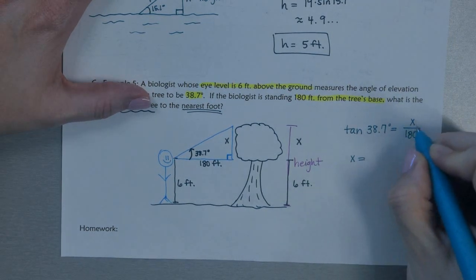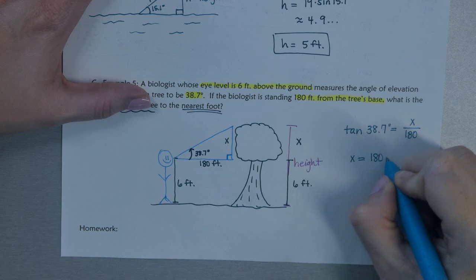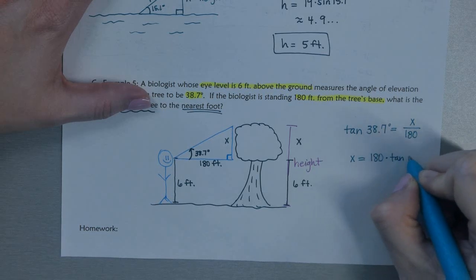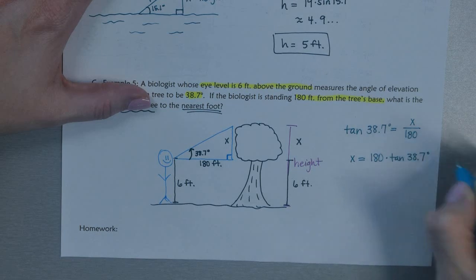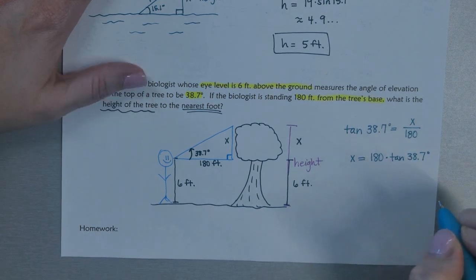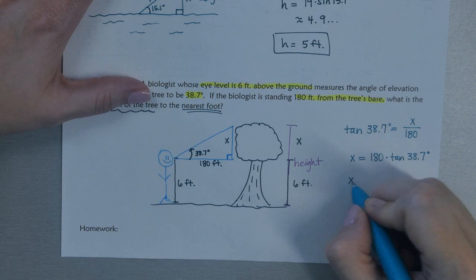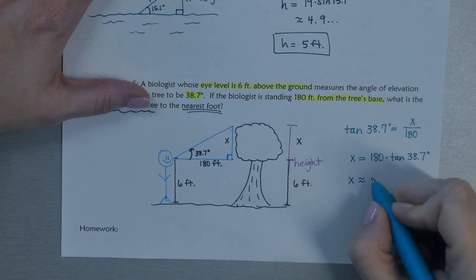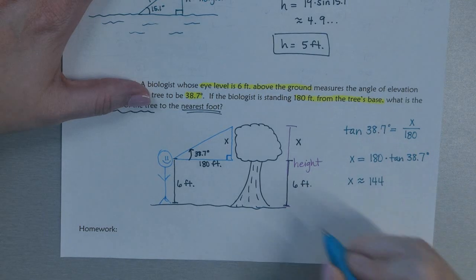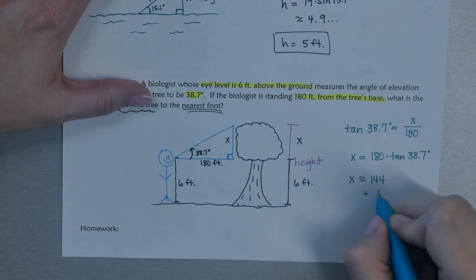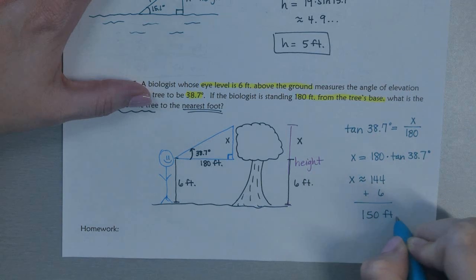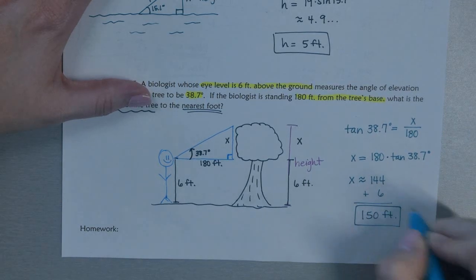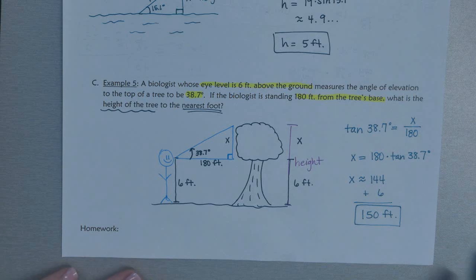Yes. Anytime the variable's on top, you multiply. And remember, we're rounding to the nearest foot. So approximately, what do you get for x? 144. Good, 144. And then your final thing is just going to be to add your 6 feet. So 150 feet is going to be the height of the tree.